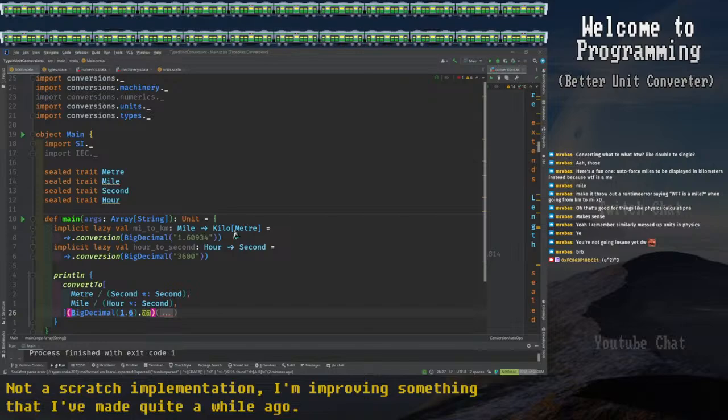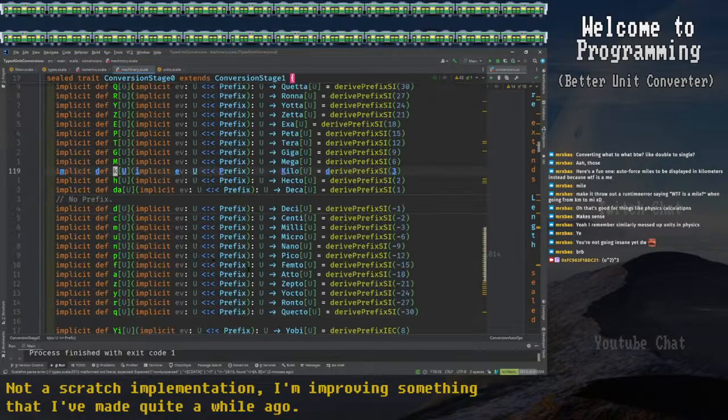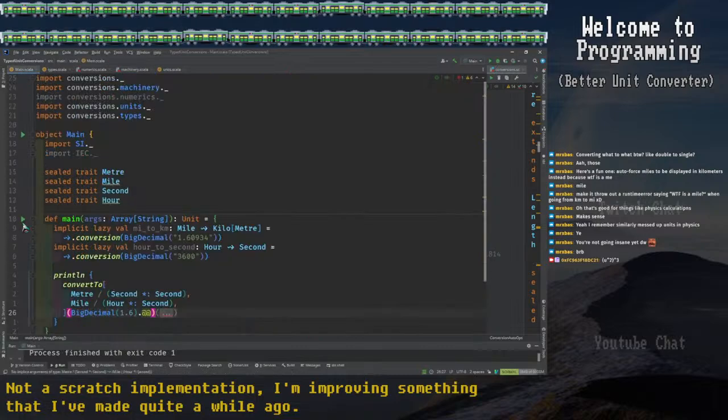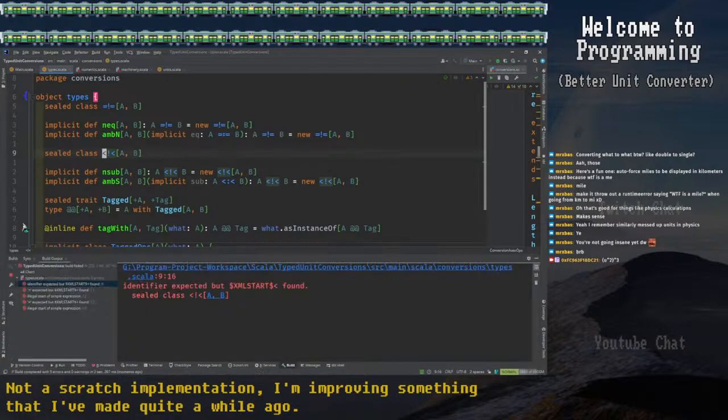And now we need kilometer to meter, which surely comes from invert conversion. Not found. Really? Diverged? Oh, really? It diverges? Oh, God. This is going to be painful.